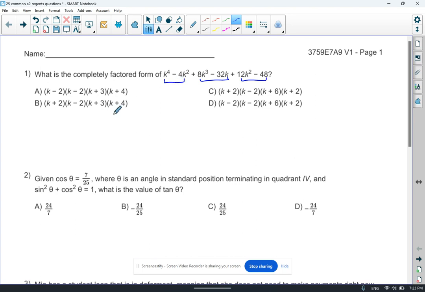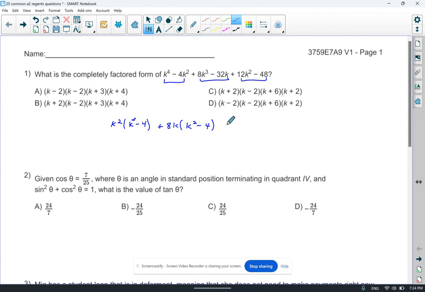So I have a common factor of k squared in that first group, and I'm left with k minus 4. And in the second group, I have a common factor of positive 8k. And when I factor that out, I get k squared minus 4.